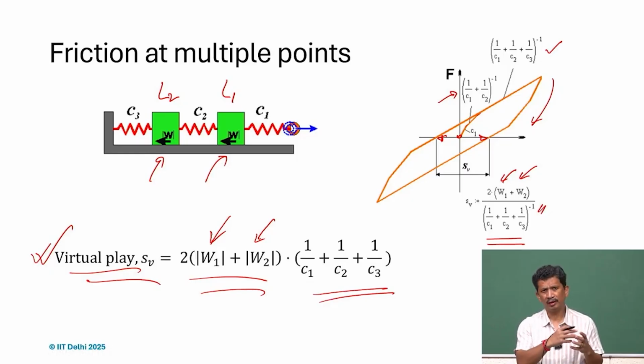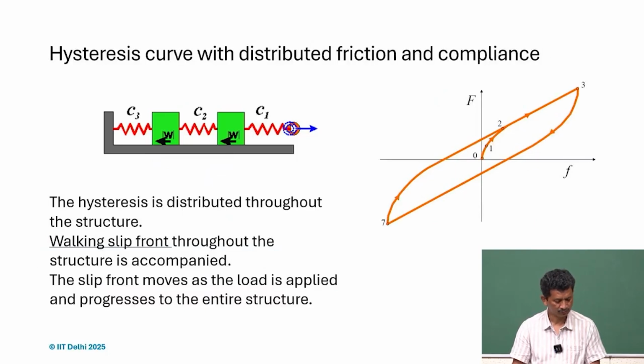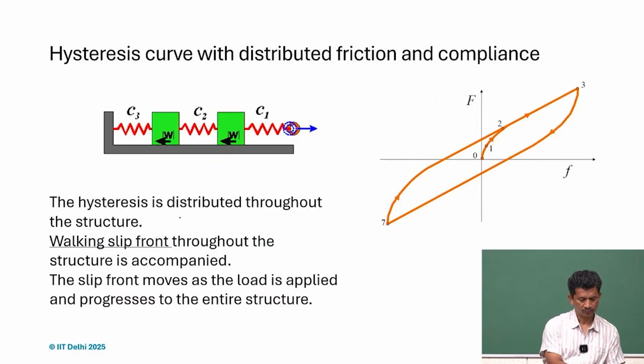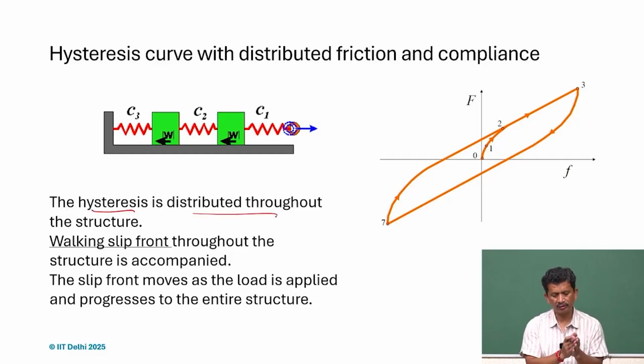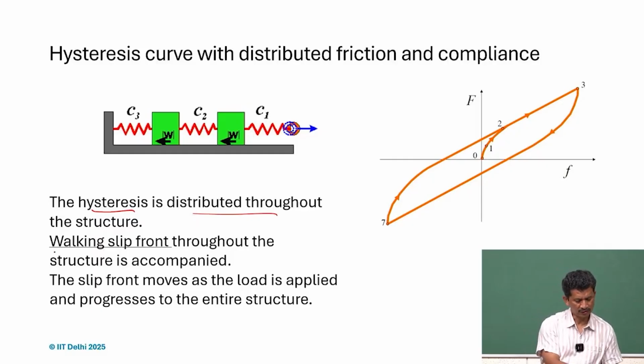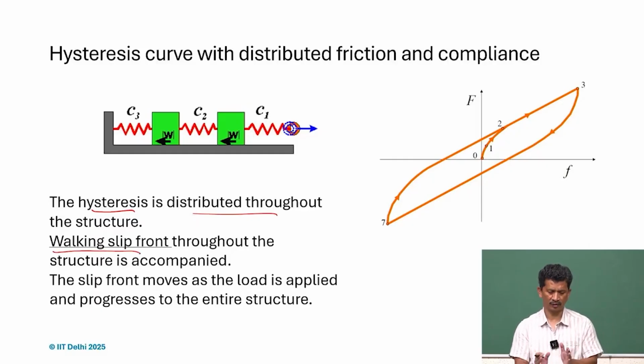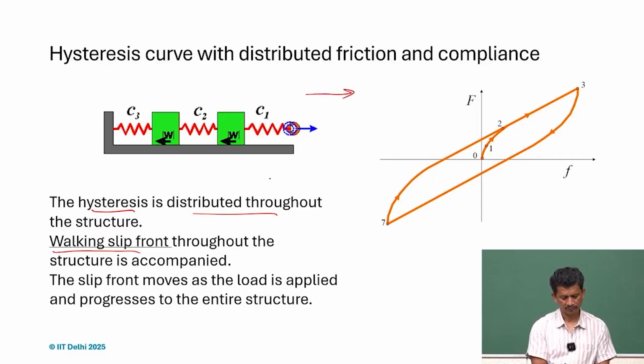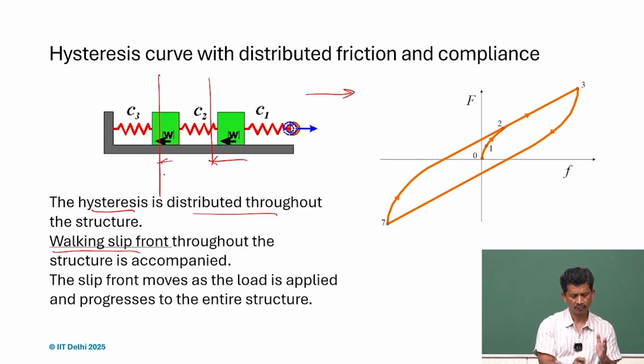As we keep adding things, the hysteresis curve is getting smoother, but still we will have a hysteresis and virtual play in the picture. What we find is that it is distributed throughout the structure, even if it is a lump now, it is distributed. And there is a concept of walking slip front. So as we move towards the right, the slip front will start moving slowly towards the left.